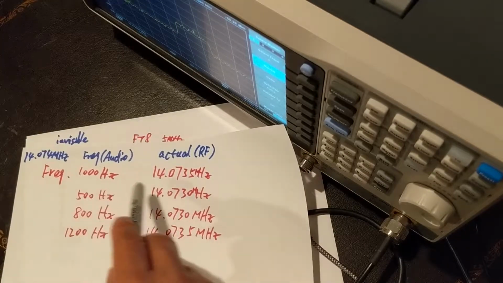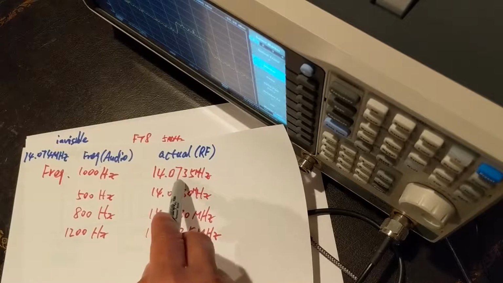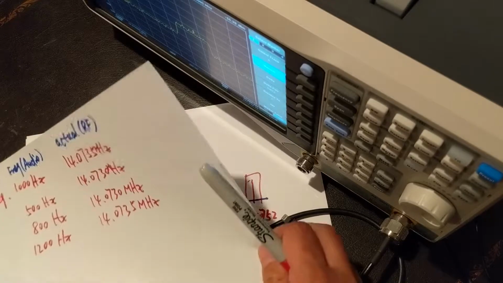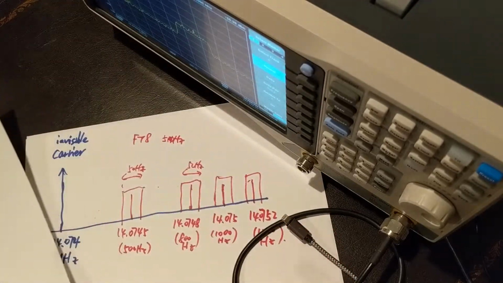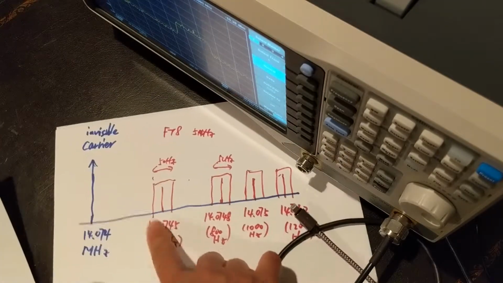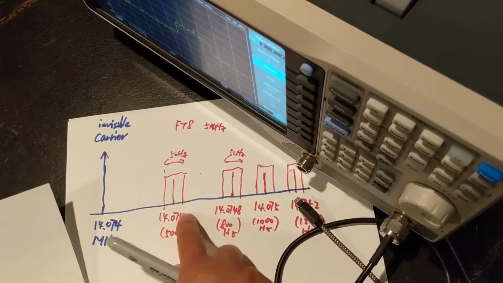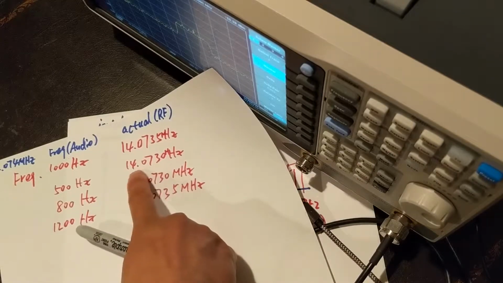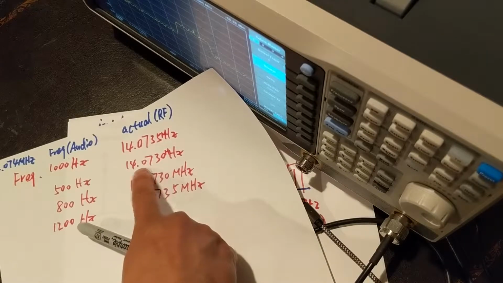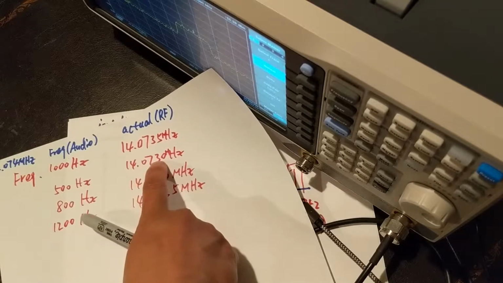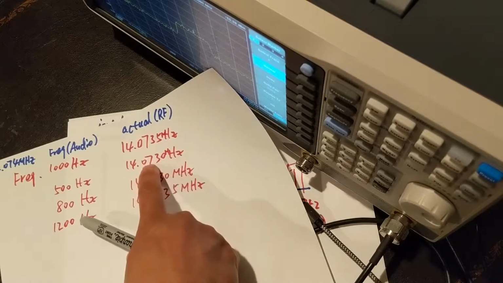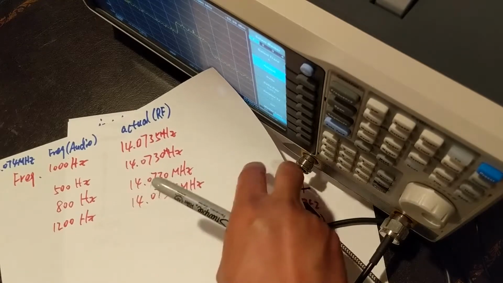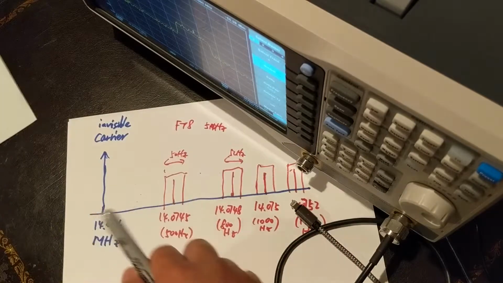Why? The distance between this one and this one is... let me give you one example. Let's use this 500 case. In the 500 case, the actual RF transmitting carrier is 1 kilohertz below this carrier.